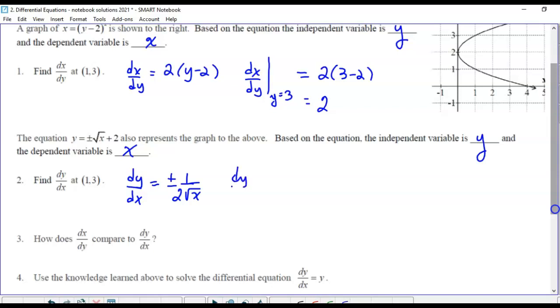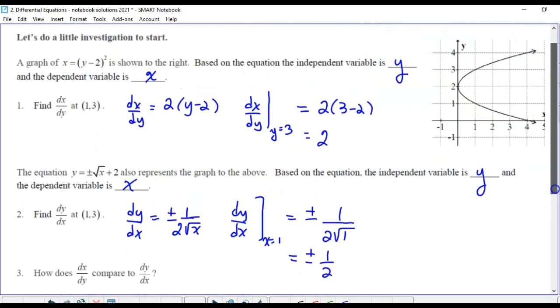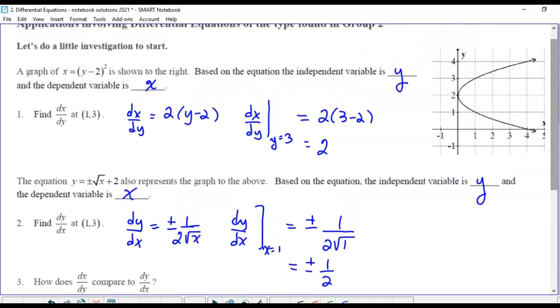And then dy/dx at the point (1, 3). So now our x value is 1. So that's going to be plus or minus 1 over 2 root 1, which is plus or minus 1/2. So two possible values when x is 1. Now we have to look at our graph. When x is 1, there's this point and this point.